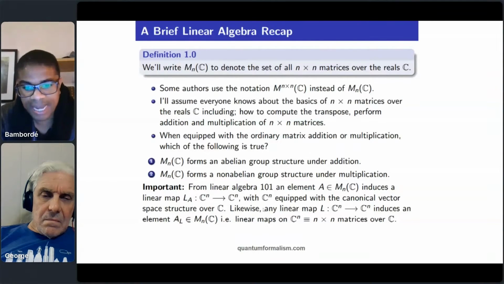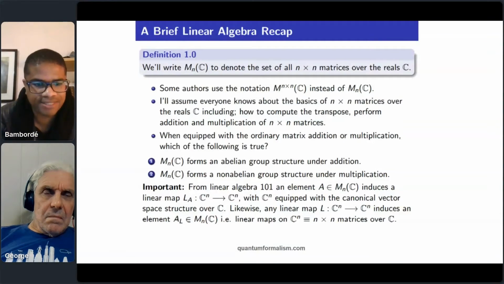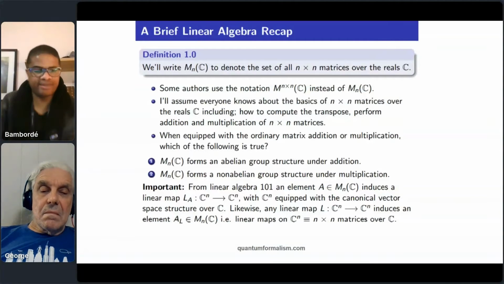And likewise, similar to the real case example, any linear map from Cn to Cn also induces an n by n complex matrix. So linear maps on Cn are the same thing as n by n complex matrices, when we are talking about Cn.